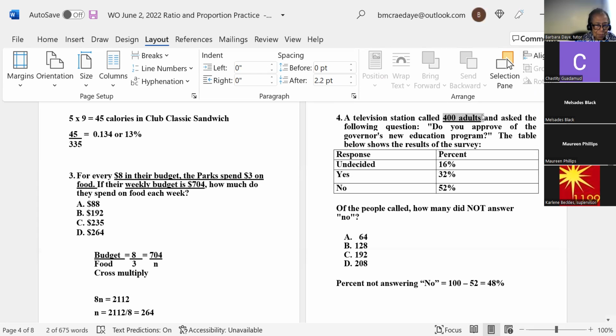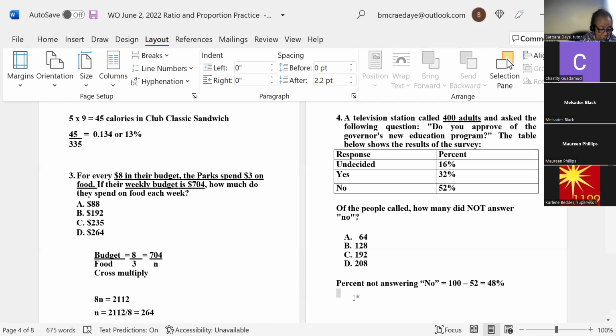You divide the 400? No. Mercedes, I think you're going to turn your percent to a decimal. 0.48 times 400 gives you 192. That's right. Very good, Mercedes.